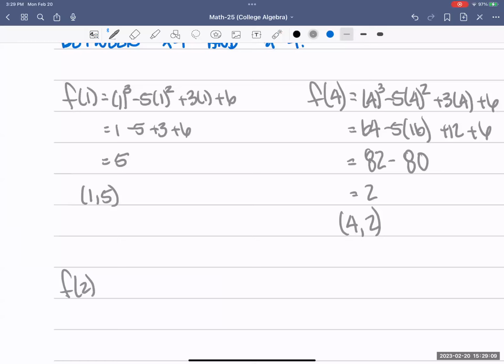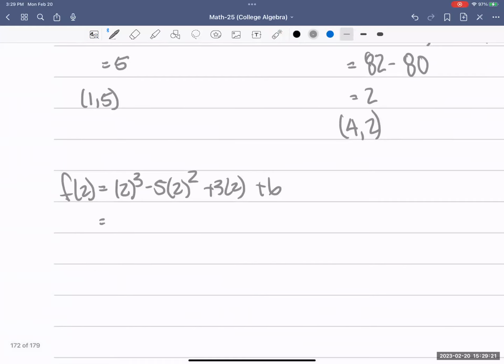So f of 2 is equal to 2 cubed minus 5 times 2 squared plus 3 times 2 plus 6. If you want to be a little bit more precise, you could plug this into a calculator, which I should be doing. And plus 6, and we have 8.